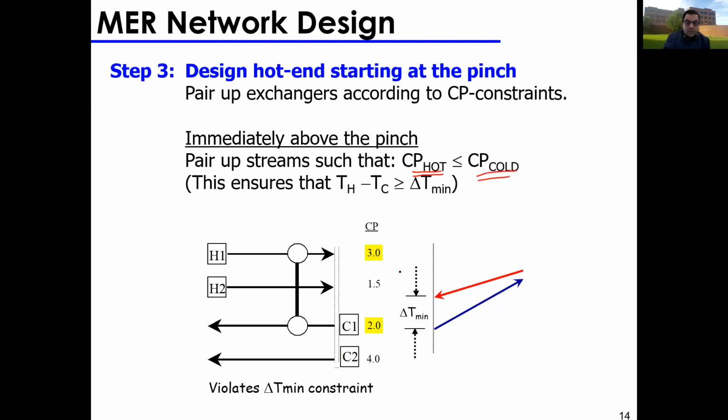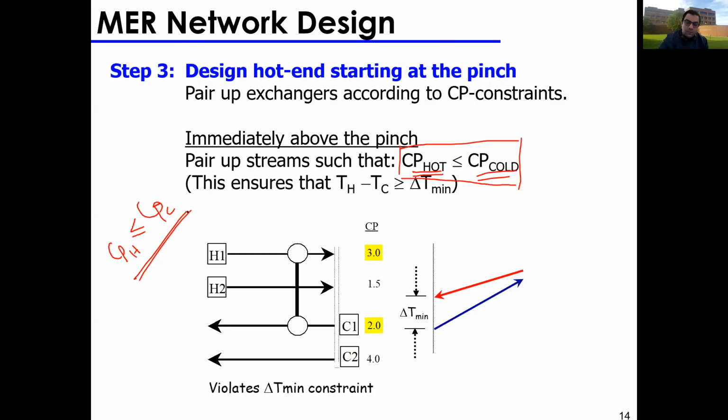I need to look at my CP values and determine which combinations are thermodynamically possible. What governs this is the rule right here, and this is extremely important: I can only connect streams if CP hot is less than or equal to CP cold. This is the only way you can connect these streams. Otherwise, it's not possible.